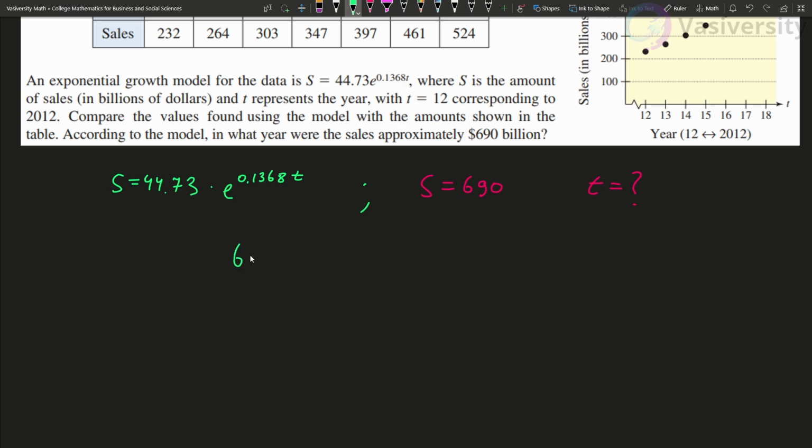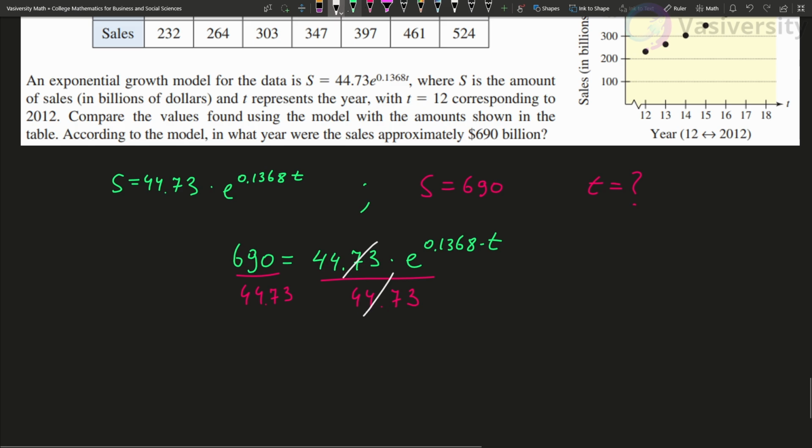We're going to have 690 is equal to 44.73 times e to the 0.1368 times t. Now we're going to divide both sides by 44.73, so 44.73 cancels out here.